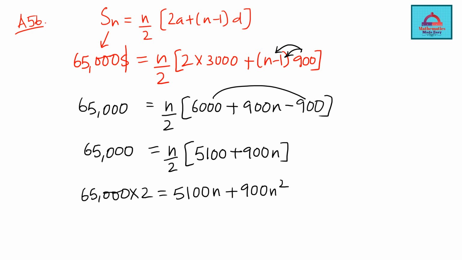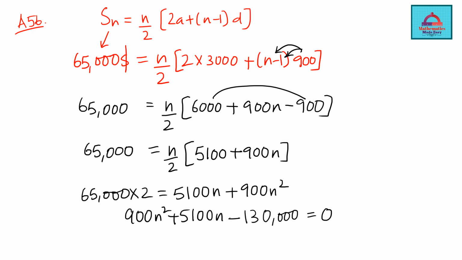We are going to simplify it a little bit more. Let me use the calculator for the calculation. So here the equation that you are getting is 900n square plus 5100n along with it you have minus 130000 equal to this. Now let's see if this equation can be divisible by 900.